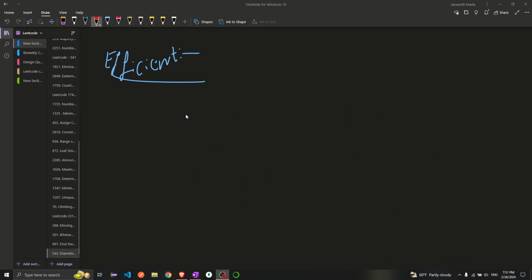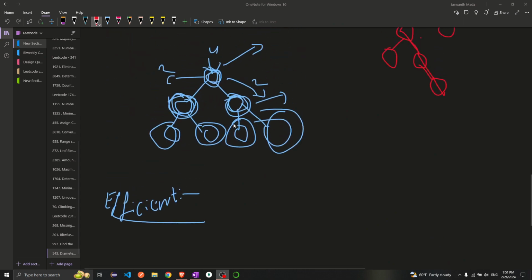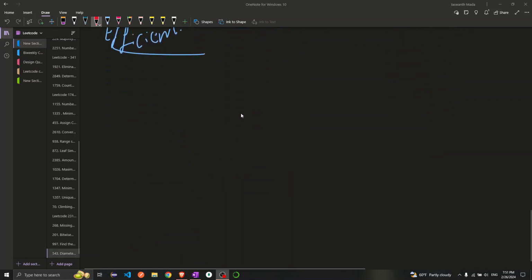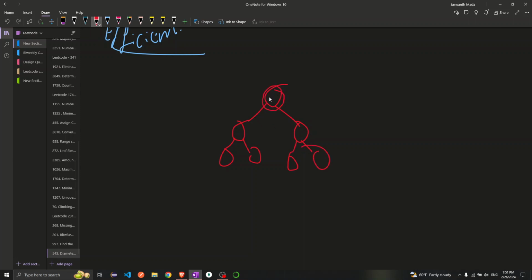Before looking at the efficient solution, let's try to understand the time complexity and space complexity of the above approach. Suppose we have a tree like this. If I'm at this point, I'm finding the height of the left subtree, which is order of n, plus the height of the right subtree, which in the worst case can be order of n, right?